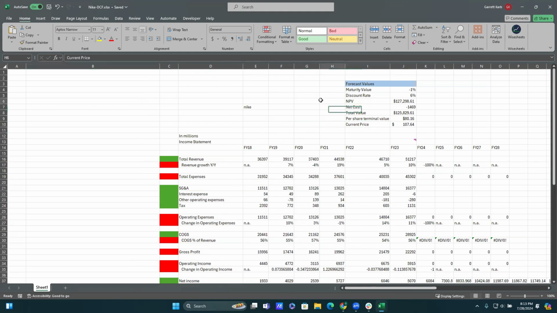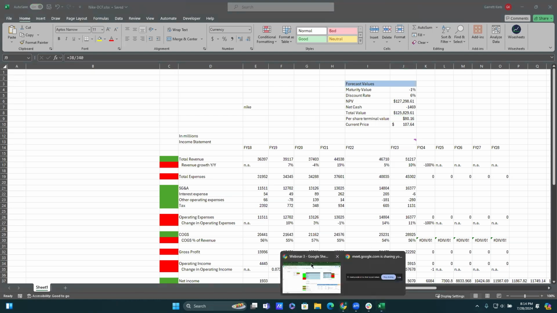But let's just look. I made this model in November of 2023, right? At the time, Nike was trading at $107.64. You guys can go look up what Nike's trading at right now. At the time, I said, with my considerations in the model, that the company should be trading at $80.16.